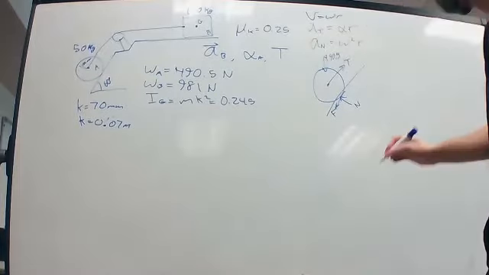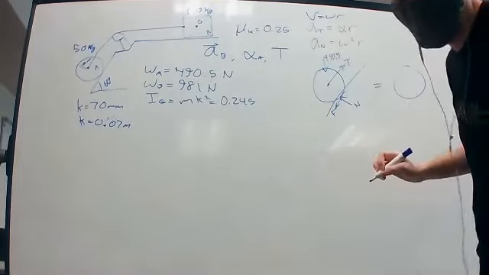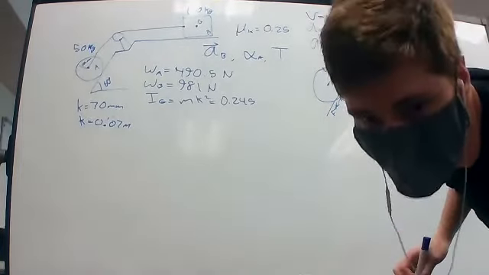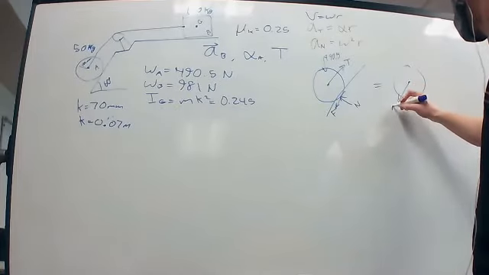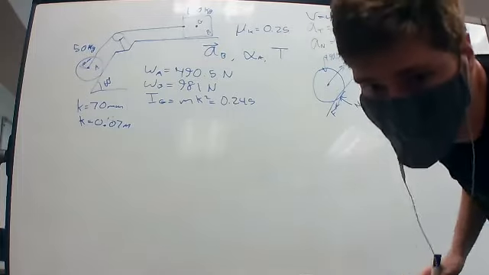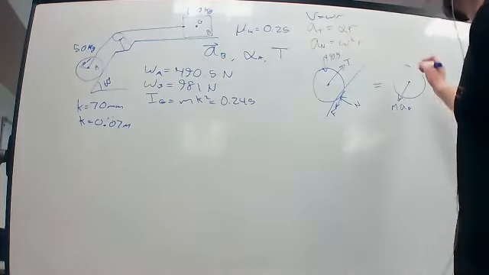That is going to be equal to the mass times the acceleration and the IG alpha value.